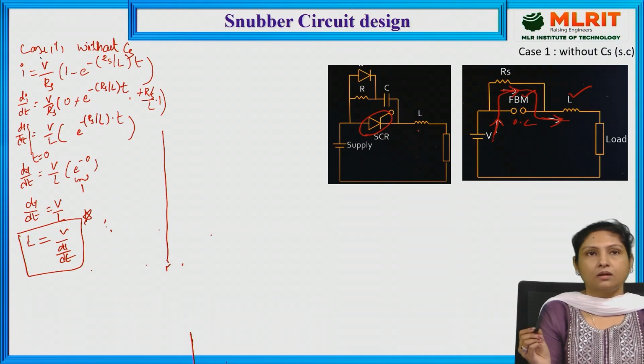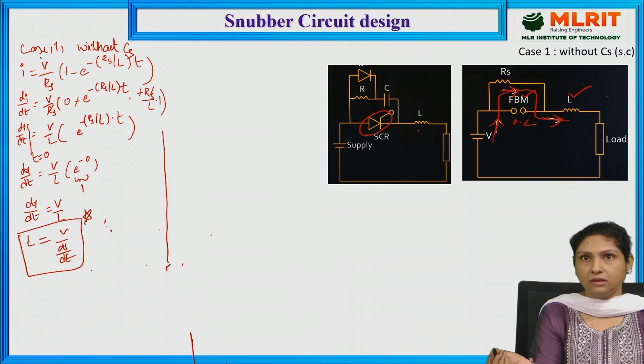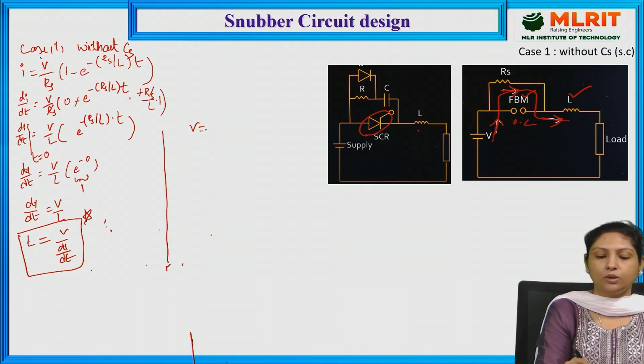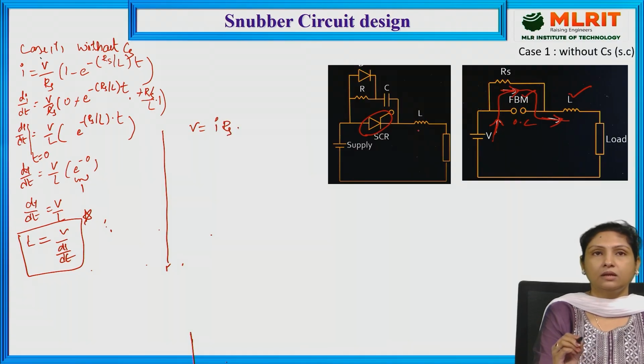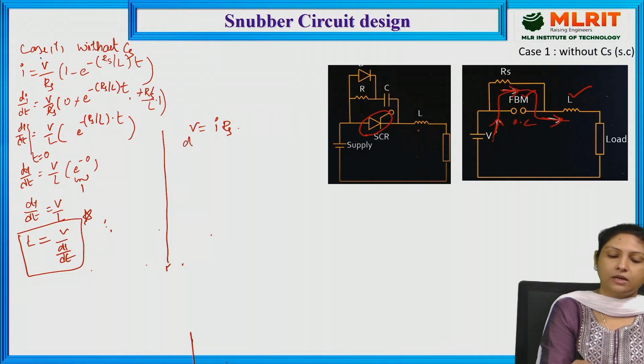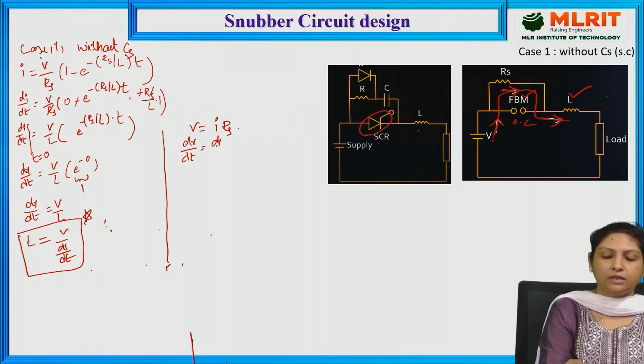And then here let us consider the voltage across the resistor, where V is equal to I into Rs. And here let me differentiate this with respect to time. We get dv by dt is equal to di by dt into Rs.